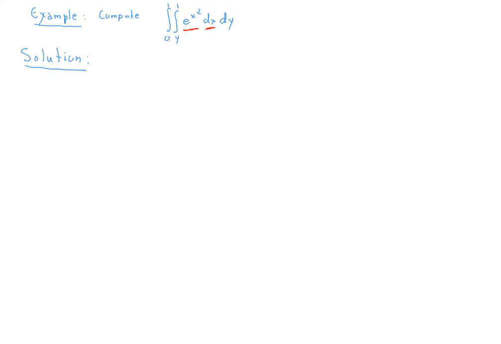And that's exactly the main point. The main point is that you have to find the domain. So how do you find the domain? The idea is pretty simple. Let's try to sketch it. What does this integral have to tell us? It tells us that there is horizontal integration first, with respect to x.